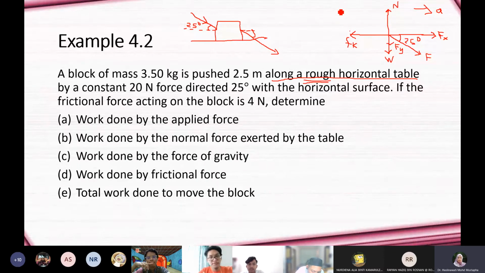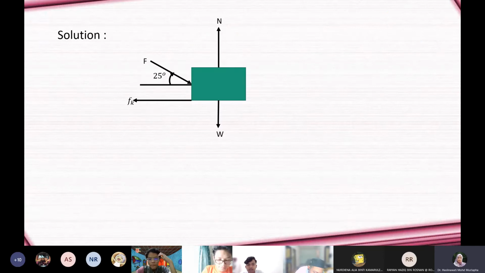Alright, so we want to calculate work done by the applied force. Ni contohnya, dia dah lukis siap-siap dah ni. Situasi tadi, box tu dia tolak 25 darjah daripada horizontal surface. Okay, so box tu akan bergerak ke sebelah kanan lah.